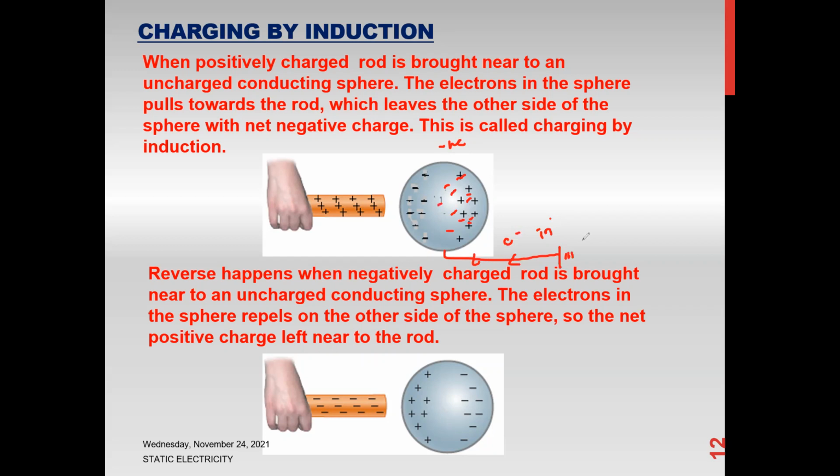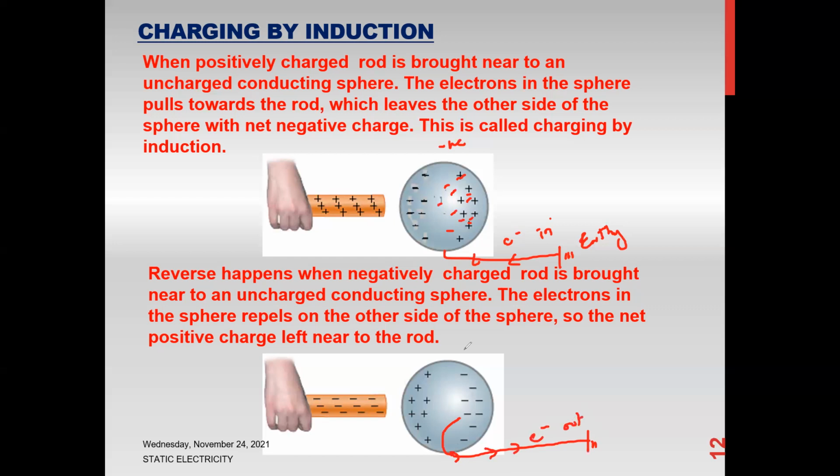But once we connect an earthing wire, it also makes the sphere net positive or net negative depending on the movement of electrons. The opposite happens if we bring a negatively charged rod to a metal sphere and connect an earthing wire. Because this negative charge repels the electrons, the electrons find a space and go out.